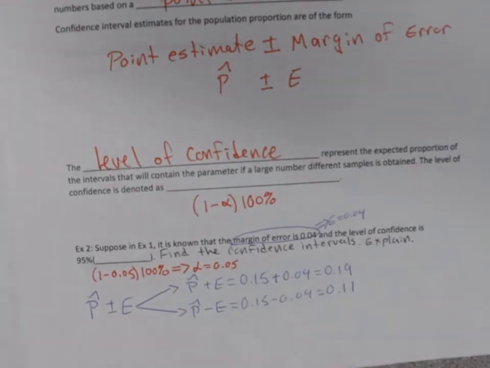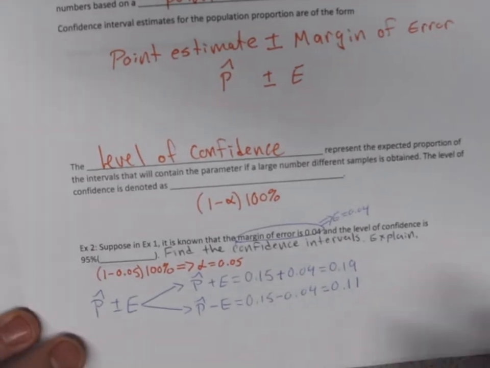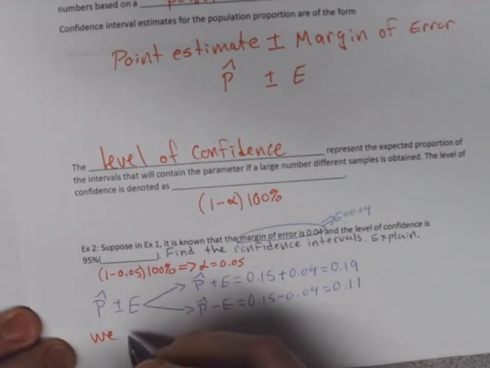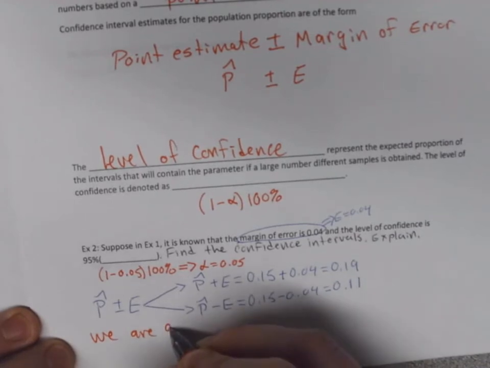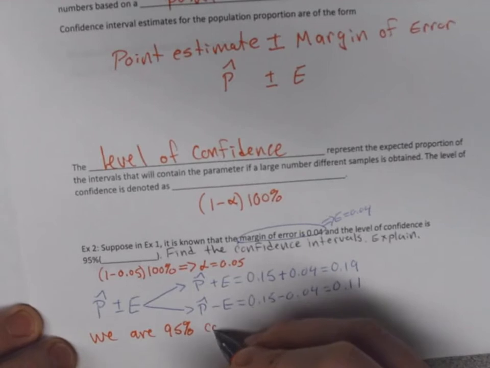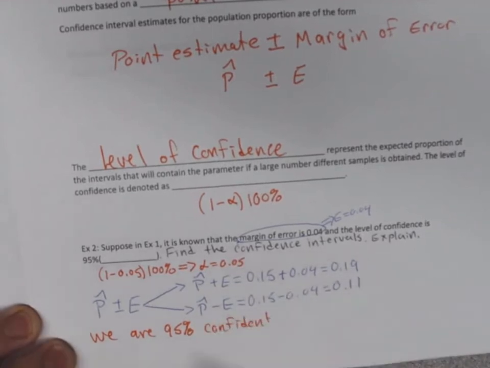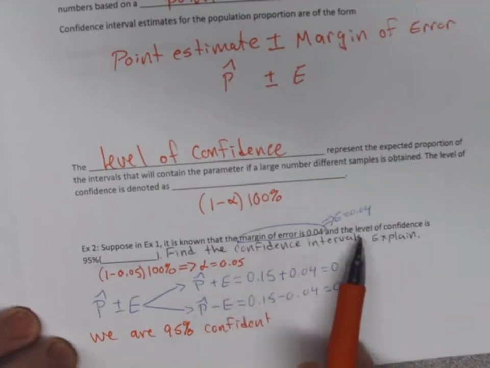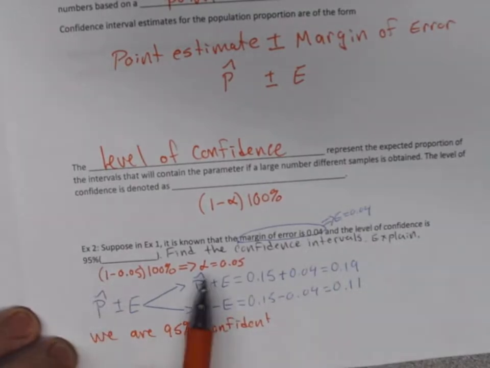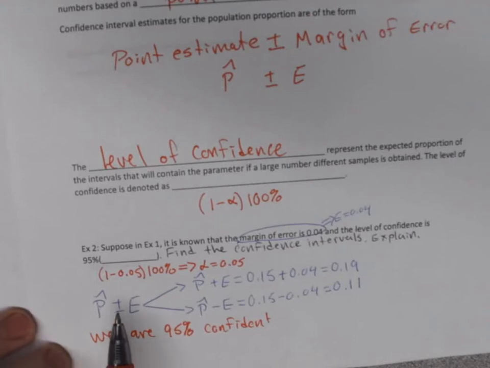Now, explain. What this says is we are 95% confident. How do I know this? Because it tells me my level of confidence is 95%, or alpha is 0.05.